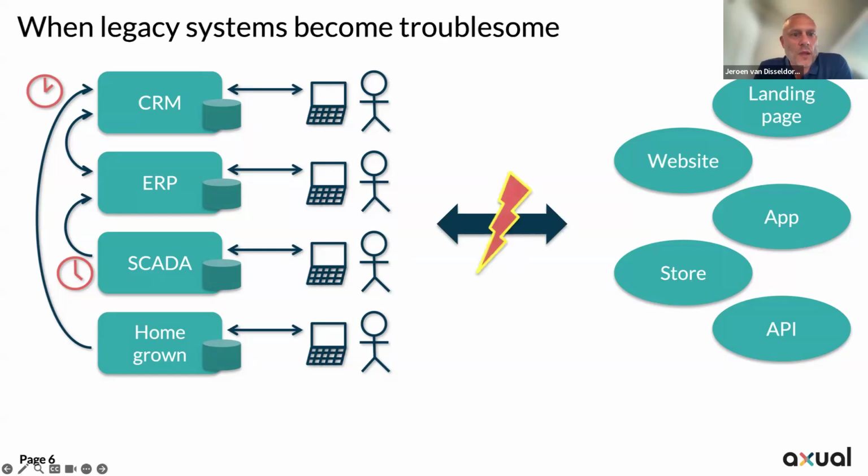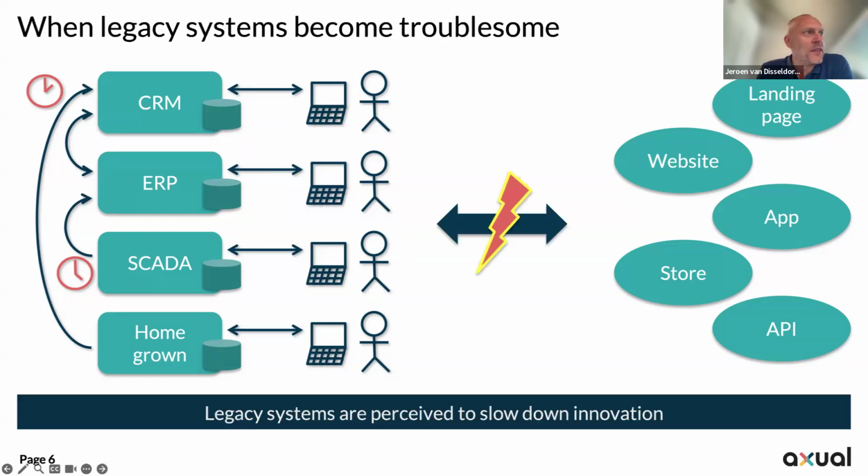So trying to connect the old world to the new is often when legacy systems really become labeled legacy. And in such cases, they are perceived to slow down innovation.